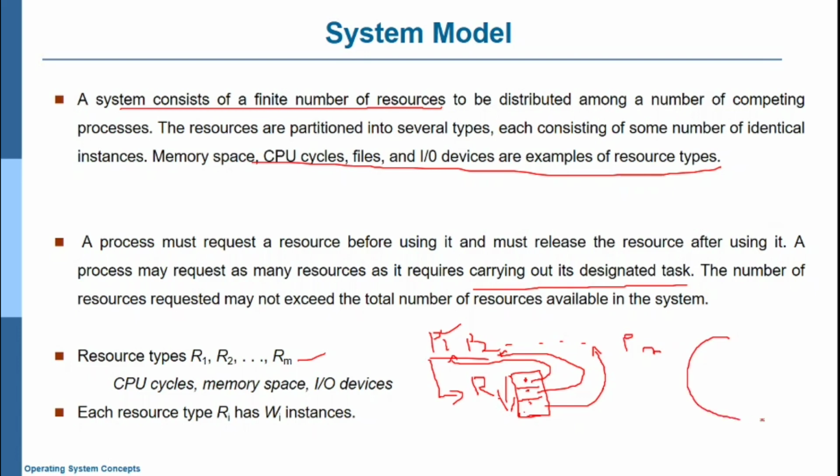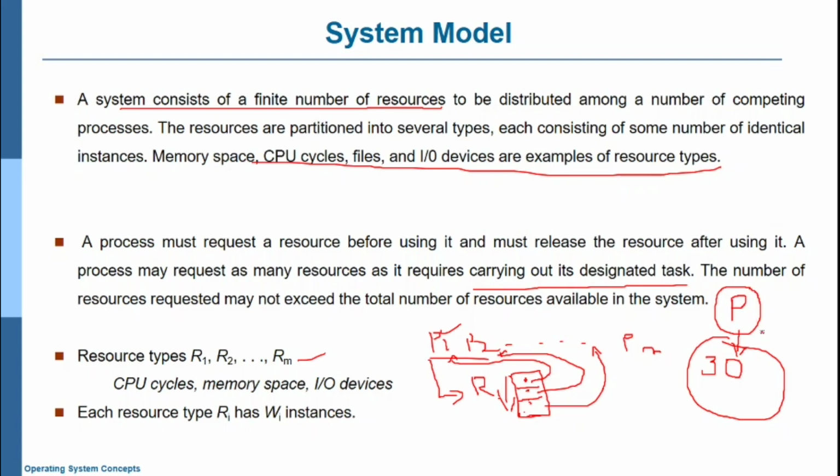So in a system you may have around 30 resources, and this is just an example. Any process designated to complete a task has to make use of the resources available in the system.